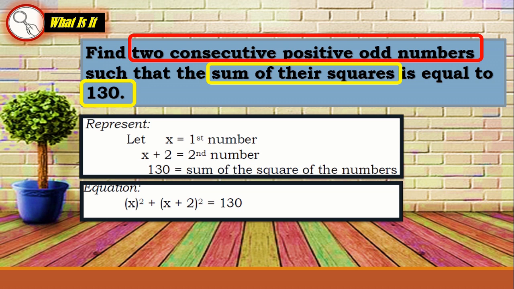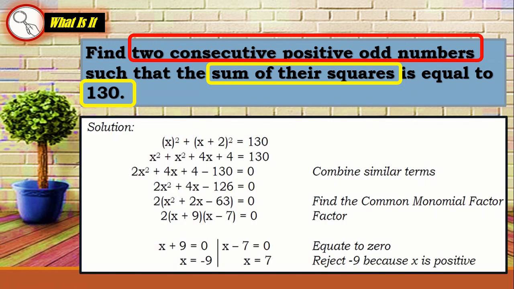Or, for example, 3 plus 2 is 5. 3 and 5 are two consecutive positive odd numbers. Now, we know that the sum of the squares of the numbers is 130. And then, expressing that into an equation, the sum of the squares of the two numbers, which are x and x plus 2, is equal to 130.